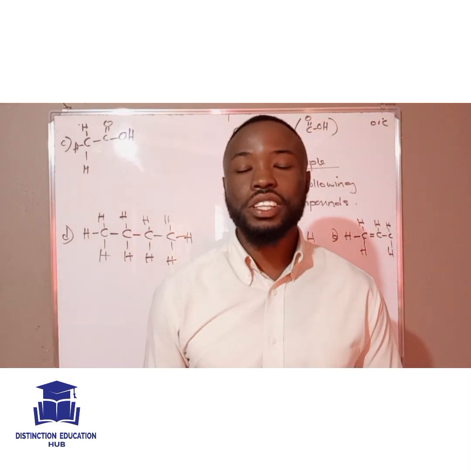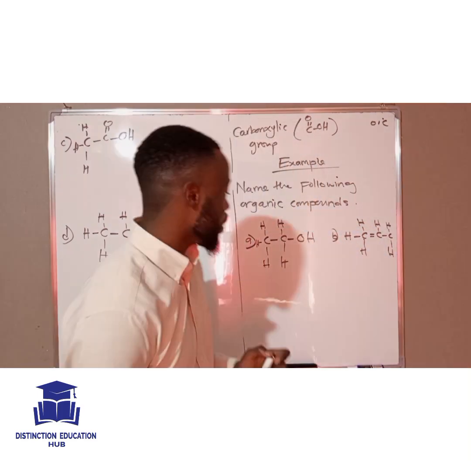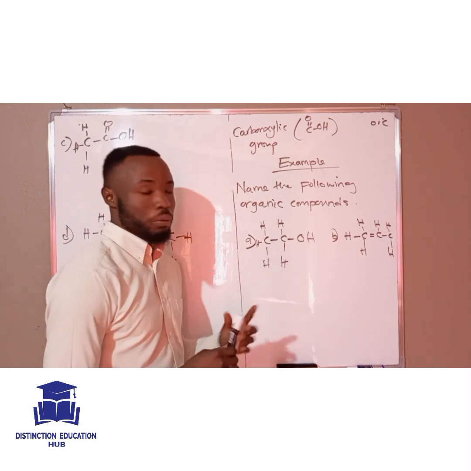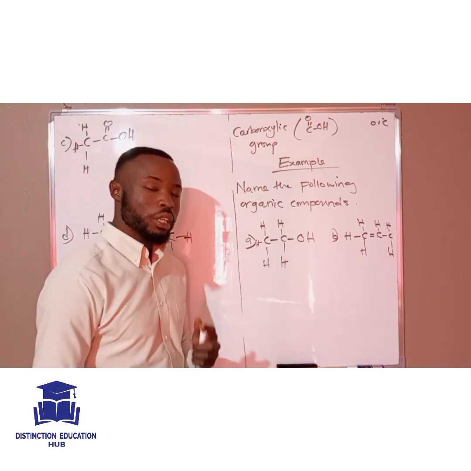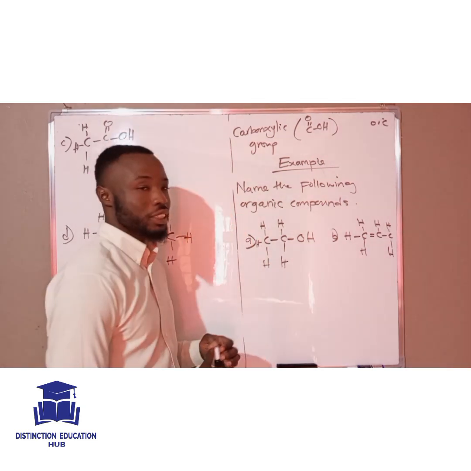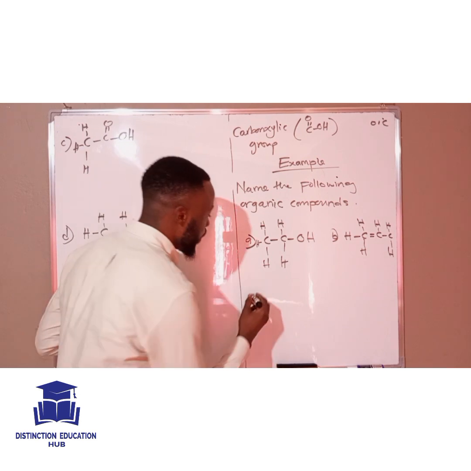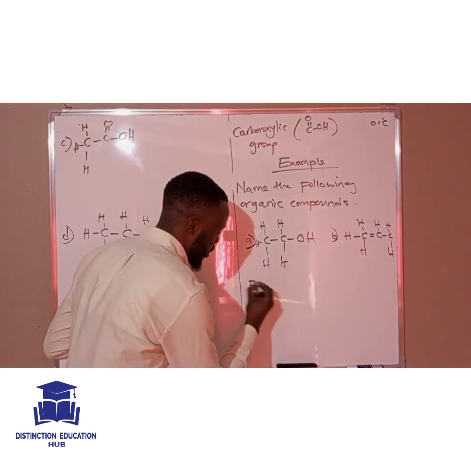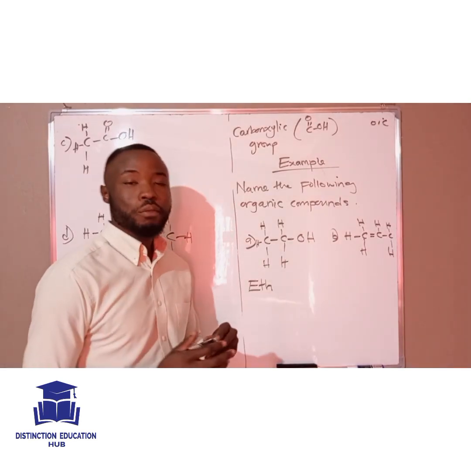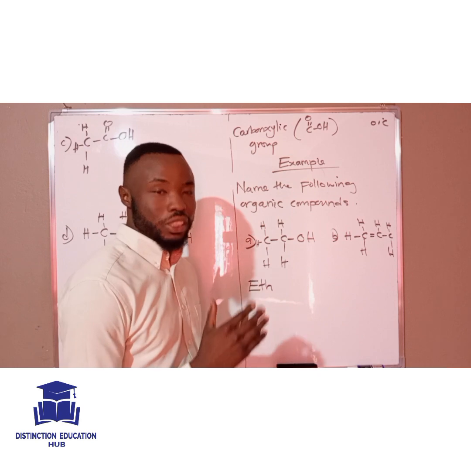Remember, we consider the three things. When you want to name the name beginning, what do you consider? You consider the number of carbons. How many carbons are present? 1, 2. So the name beginning is eth. Then the middle name, what do you consider?